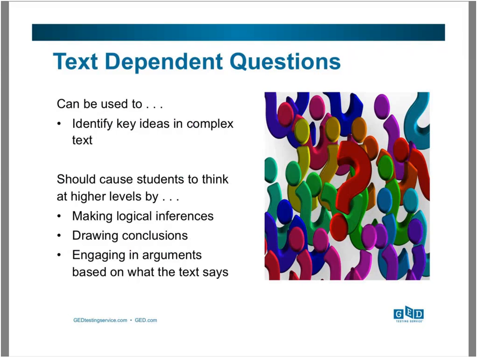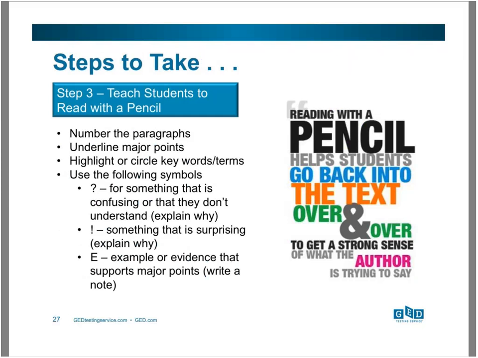Those questions need to be at a higher order. As they're working through their thinking at a different level, we want them to have that productive struggle where they're having to draw conclusions, engage in arguments, and make inferences as they move through. So keep those things in mind.